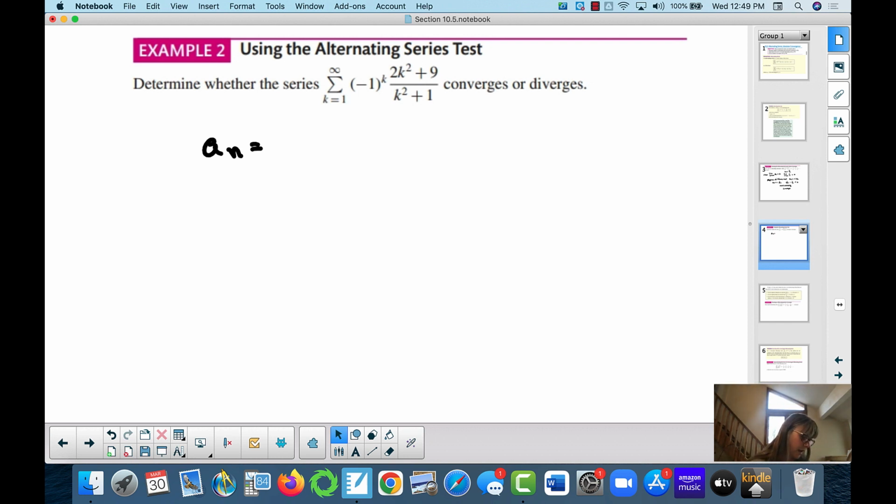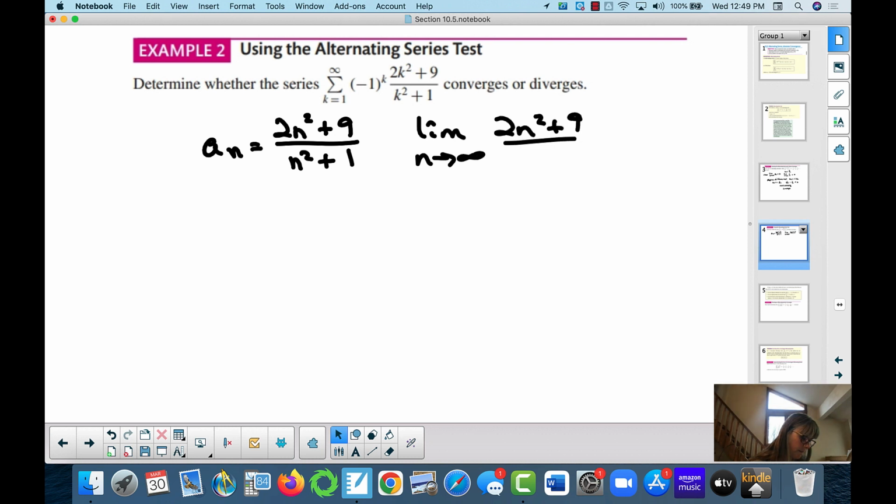So a sub n is 2n squared plus 9 over n squared plus 1. Well, the limit as n approaches infinity of that is equal to 2. Since it's not 0, we can stop there and say that the series diverges.